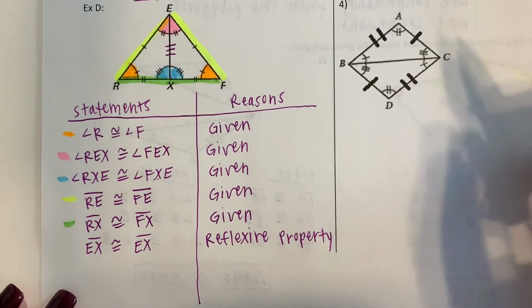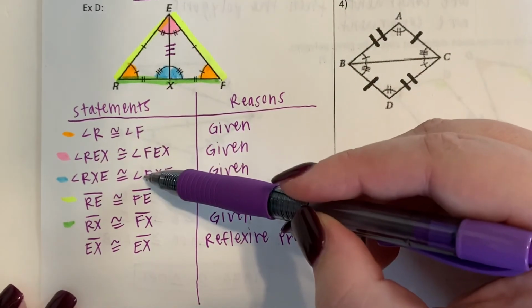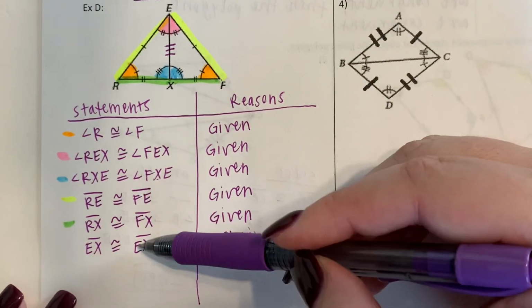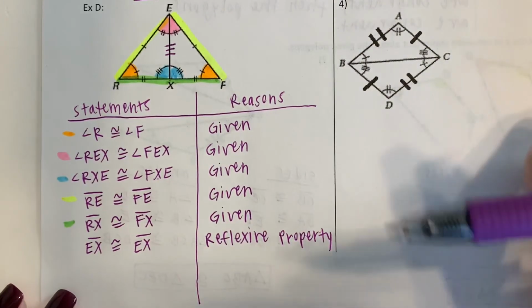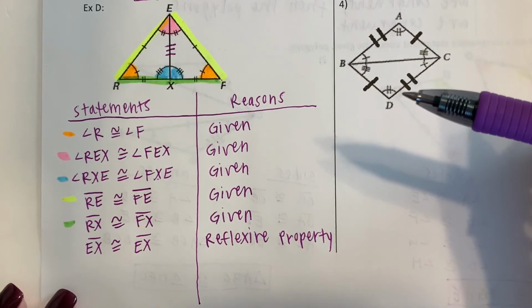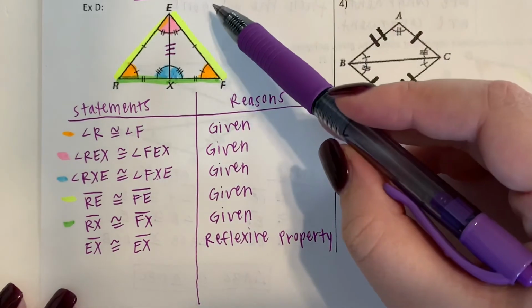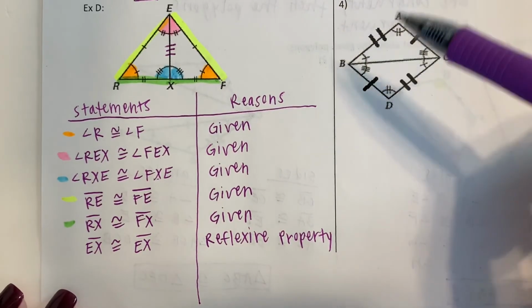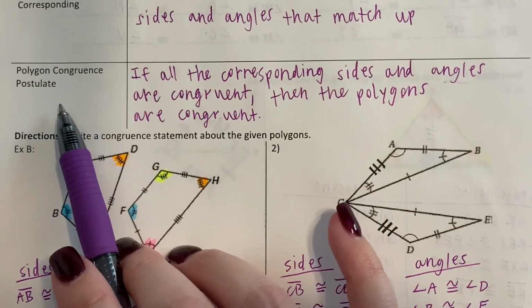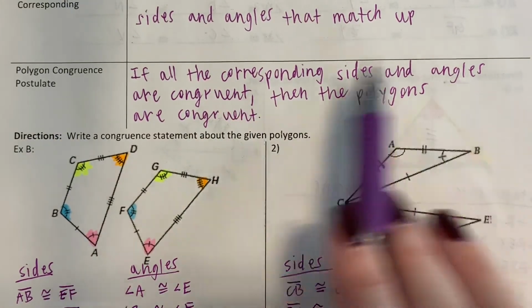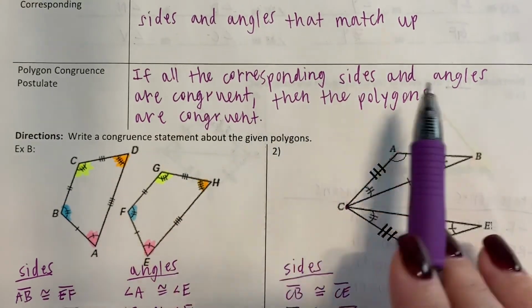So now we have shown that we have 3 congruent angles and we also have 3 congruent sides. We've showed our angles match up, our sides match up. So now we can do our final step and prove that our figures are congruent. Real quick, if you flip your notes over right here, this polygon congruence postulate, we said that if all of the corresponding sides and angles are congruent, well then the polygons are congruent.